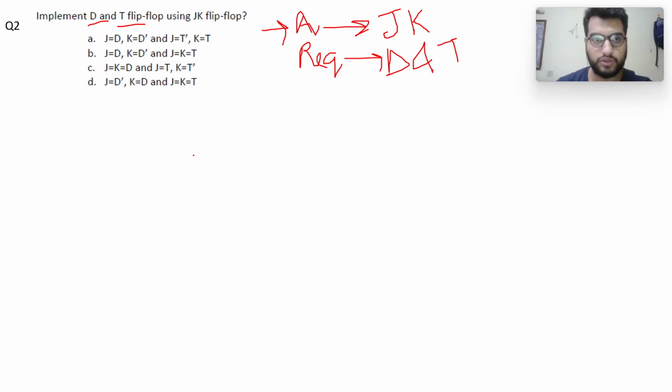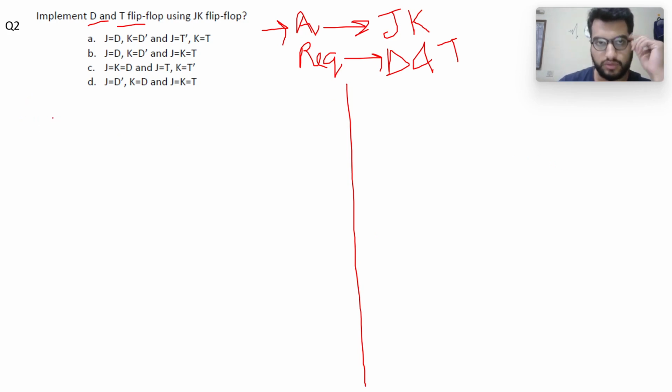Here I'll divide this, because towards the right-hand side I will do the D flip-flop, and towards the left-hand side I'll do the T flip-flop. So let's write down the characteristic table of the required flip-flop. We have Qn and T. Here we are implementing T on this side, and here I am using D.